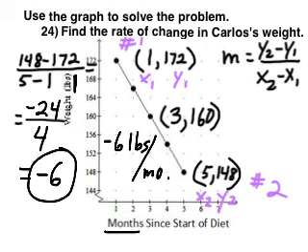And so why negative? Well, notice that the slope of our graph is a negative slope. And also, that's the negative number we got. His weight is going down. It's going down by 6 pounds every month. So that's why it's a negative 6 pounds. So we usually say, oh, a person, he lost 6 pounds a month. And that's using the absolute value of 6. So that's because we usually talk that way.